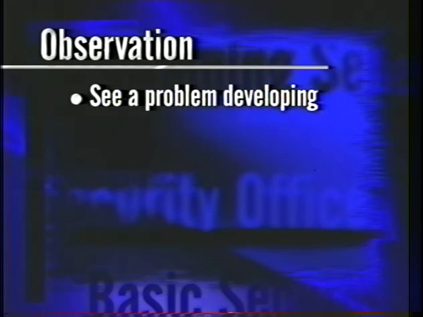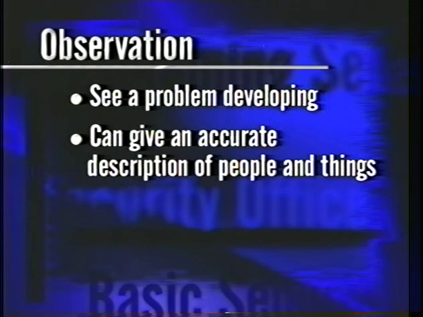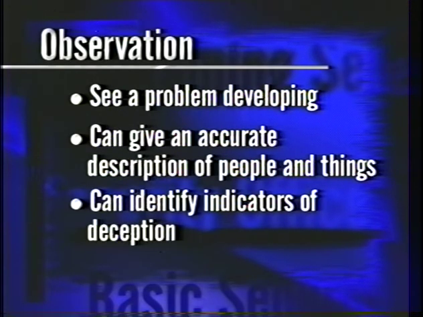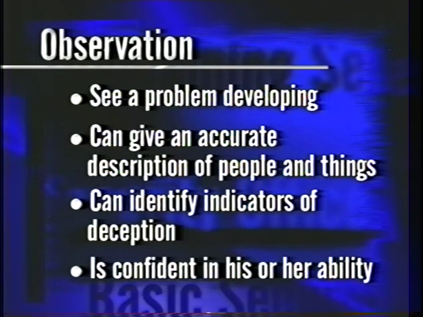A professional security officer can do the following: see a problem developing, give an accurate description of people and things, identify indicators of deception, and is confident in his or her ability. So, how do you go about using your senses in the proper manner?